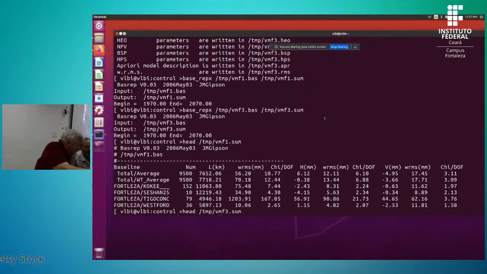So here you're doing VMF4 into 3, but it should be 1 into 1. This one is 3 to 3. So if you do a head on it, let's fix that.